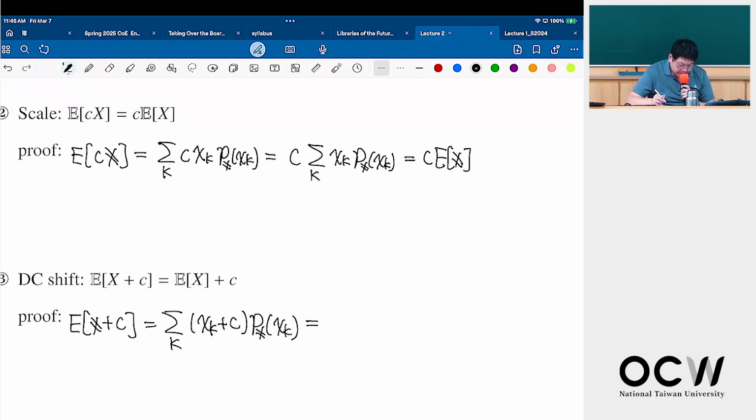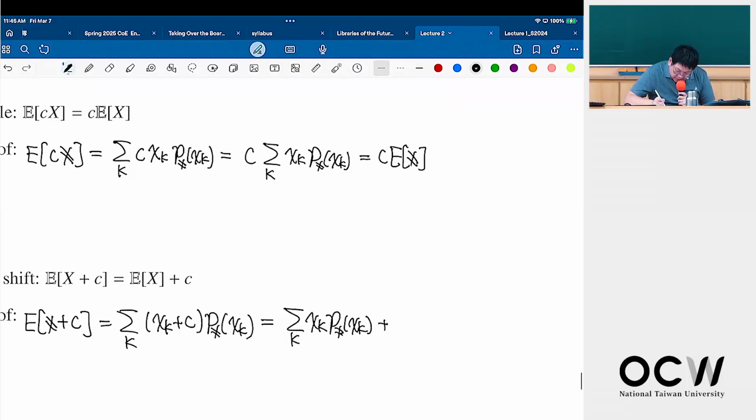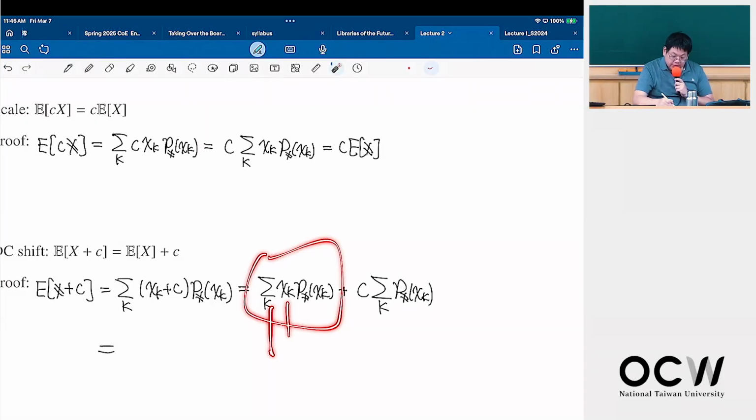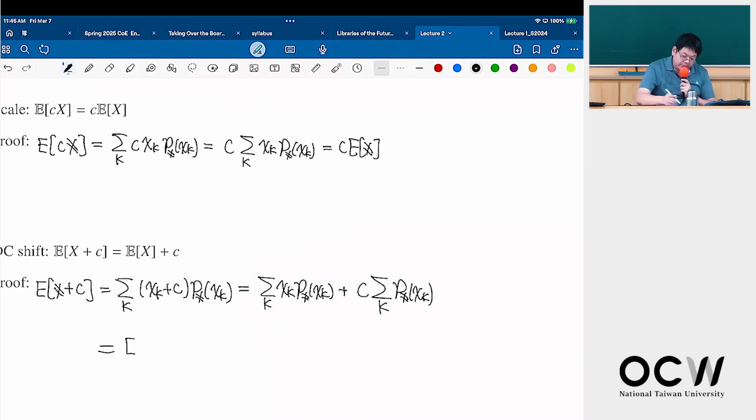I also have two parts: xk times the PMF, and also c times the summation of the PMF. So first, this part, all possible outcomes and their corresponding weightings, that is the expectation.